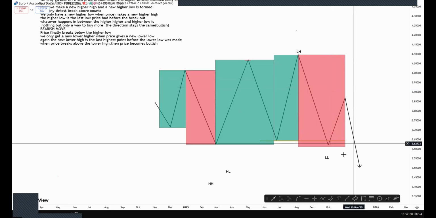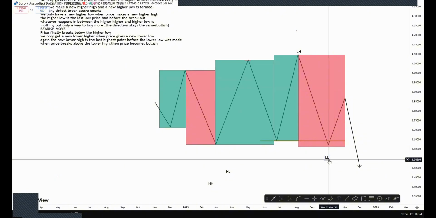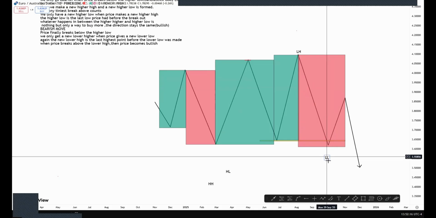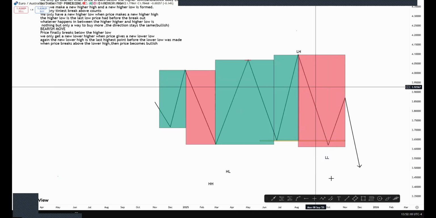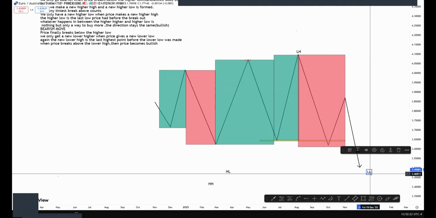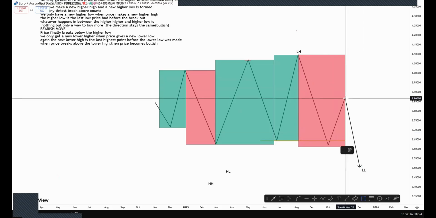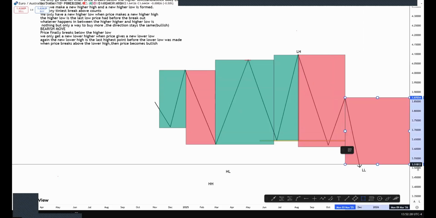So interestingly, price ends up breaking this lower low. You can see, so when price breaks this lower low, it makes a new lower low, which is this zone here. So price continues being bearish, but with this update.